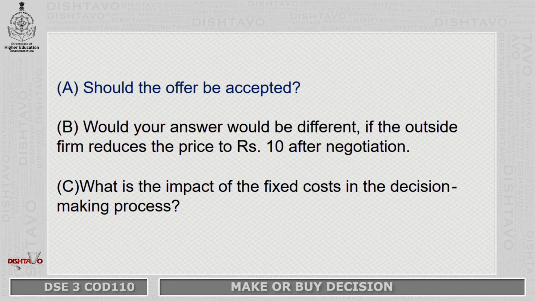The first question is, should the offer be accepted? We will do it step by step. The second question is, would your answer be different if the outside firm reduces the price to rupees 10 after negotiation? Third, what is the impact of the fixed cost in the decision making process? So, 3 questions we have been asked, alright.